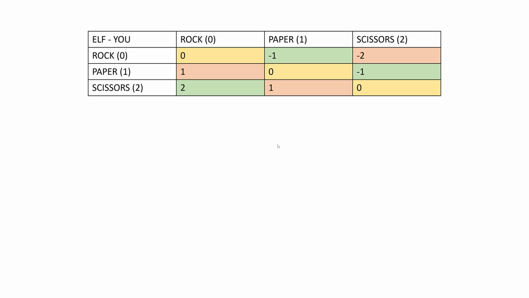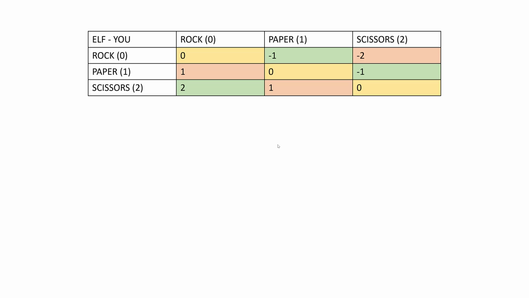Down the diagonal, the yellow squares represent a draw because you're subtracting the same value from itself. So those are all zeros. So in other words, you only have to set up 1 condition to look for a draw. On the other hand, look at the green squares. Those are wins. So if the elf picks scissors and you pick rock, rock crushes scissors, so that's a win for you, and the value is 2.